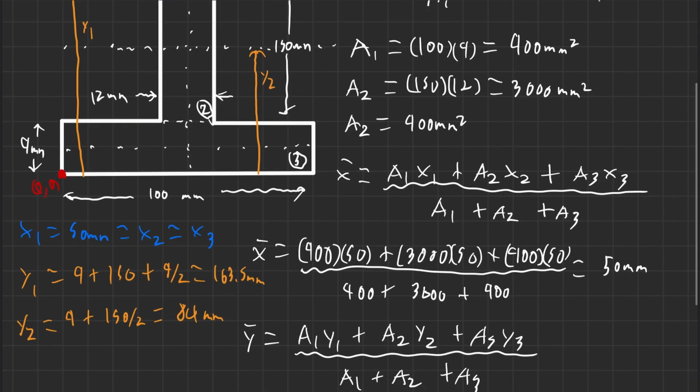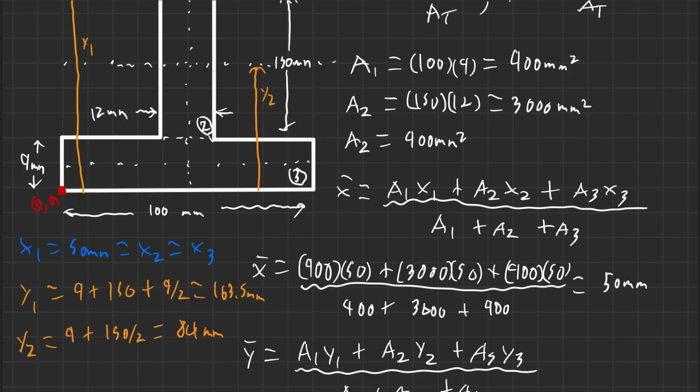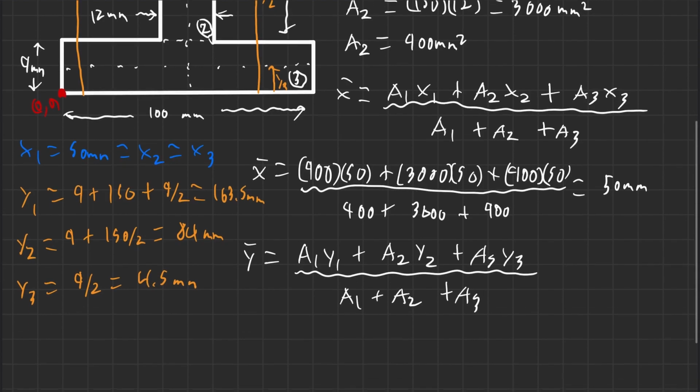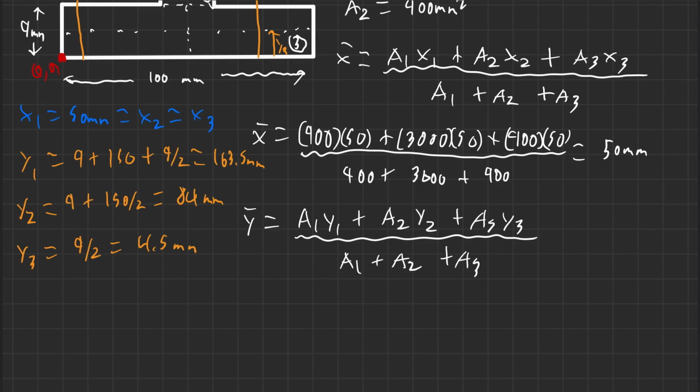Okay, let's do one more, y3. It's the last one. y3 is just up from the same spot to the center. And y3 is just equal to 9 over 2, equal to 4.5 millimeters. All right, let's calculate where y is.